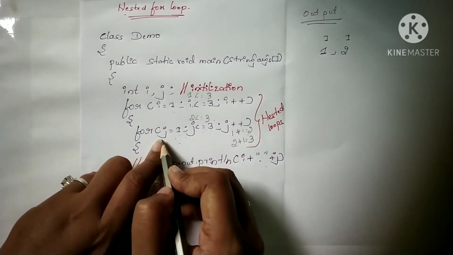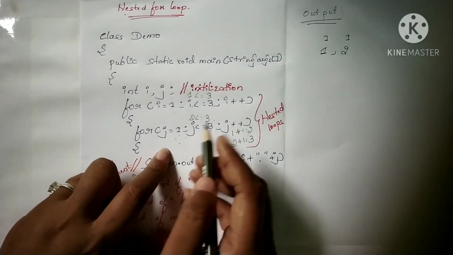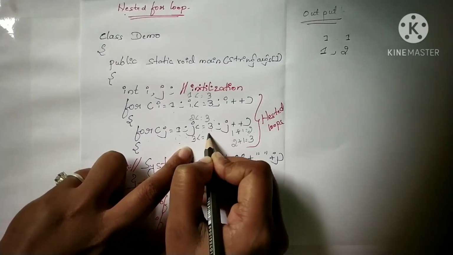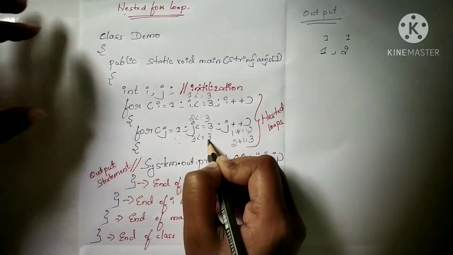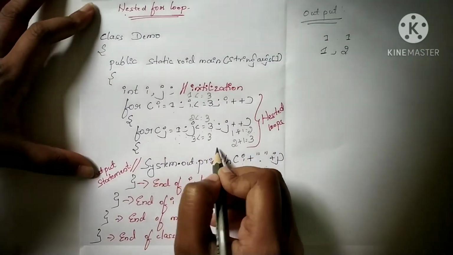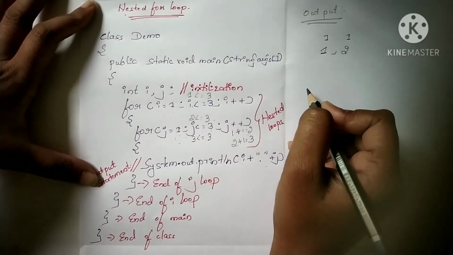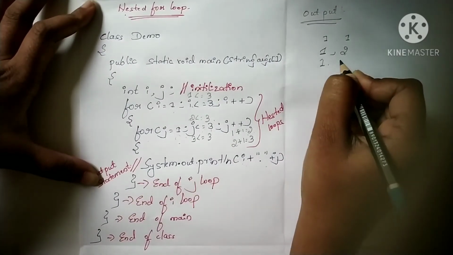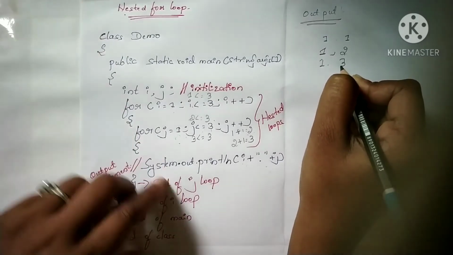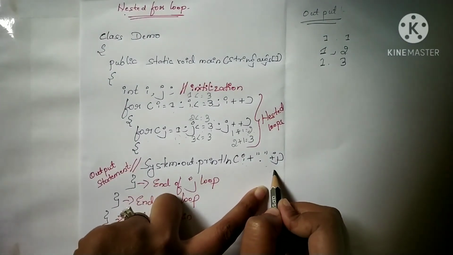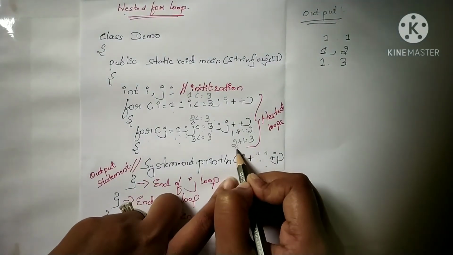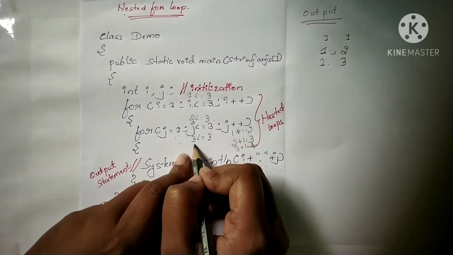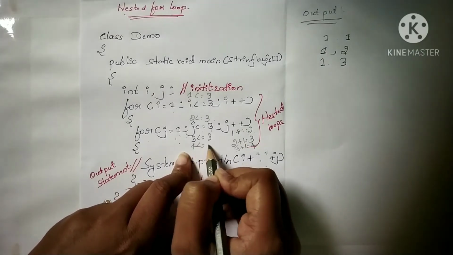Again we have to check the condition of the inner for loop. 3 is less than or equal to 3. Again the condition is true, we print 1 with 3. 3 is incremented, 3 plus 1 equal to 4. Again we check the condition. 4 is less than or equal to 3.